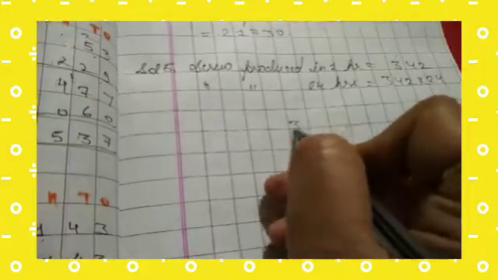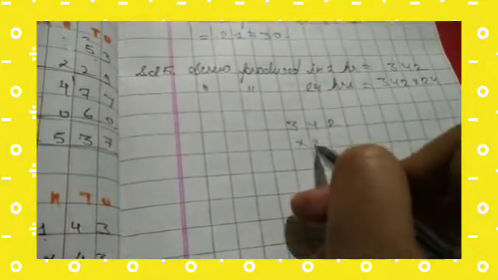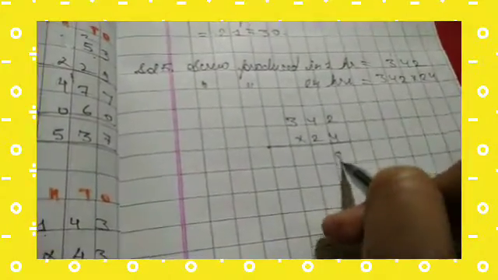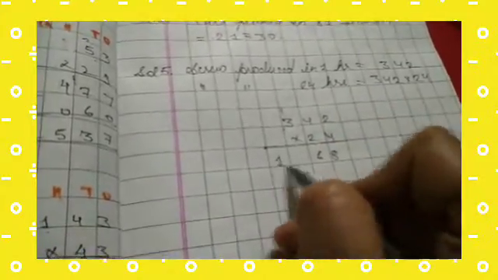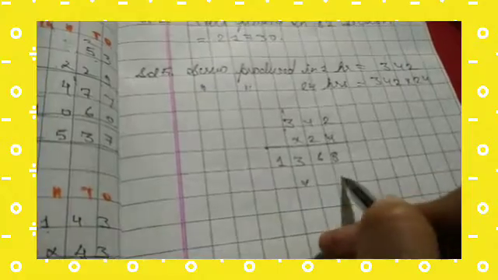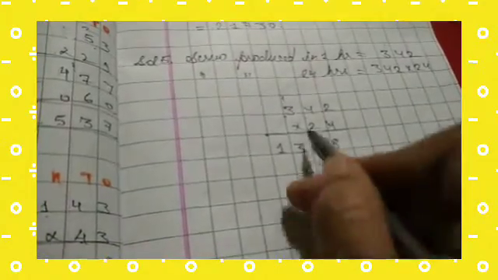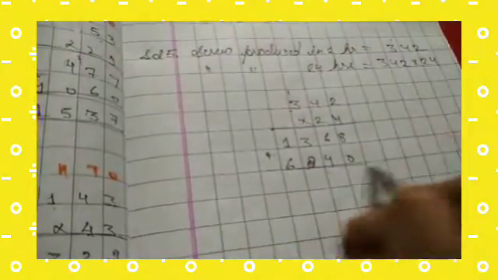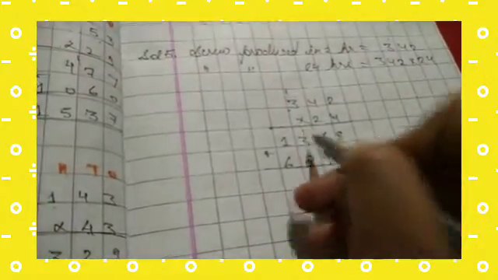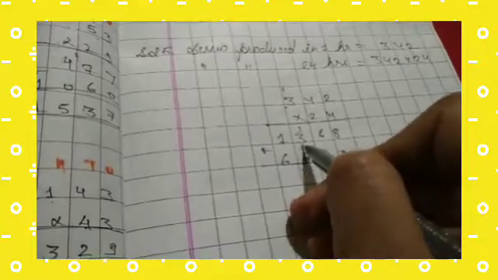Okay children, so 342 into 24, 4 2s are 8, 4 4s are 16, 6 carry 1, 4 3s are 12 and 1 13. Now put a cross, 2 2s are 4, 2 4s are 8, 2 3s are 6. Now add this up, 8, 10, 1, 8 and 1 9, 10, 11, 12.